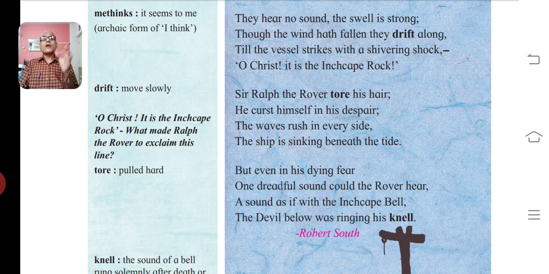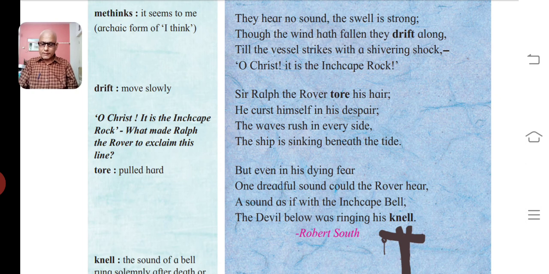So in this line, 'Oh Christ, it is the Inchcape rock,' the figure of speech apostrophe is there. How? Because here Jesus Christ, who was not actually present there, is addressed directly. So how to write its explanation? Apostrophe, underline, dash. Here Jesus Christ, who was not actually present there, is addressed directly.